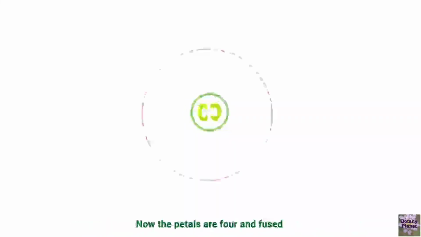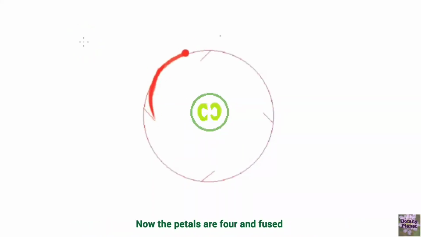Floral diagram. Floral diagram is basically the transverse section of the complete flower. We see that ovary is syncarpous and bilocular in transverse section. Now the petals are 4 and fused.